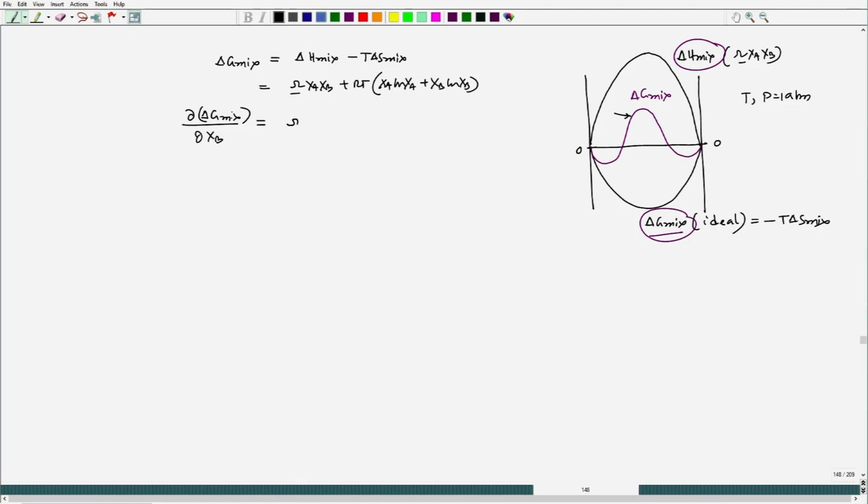So, we can write omega (1 minus 2 xB) plus RT (ln xB minus ln xA).